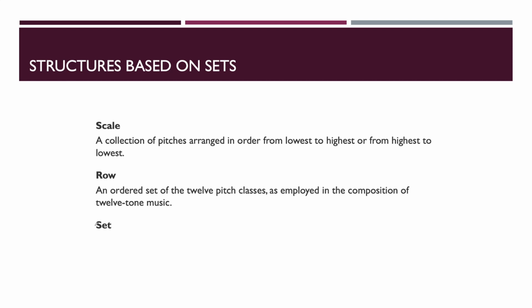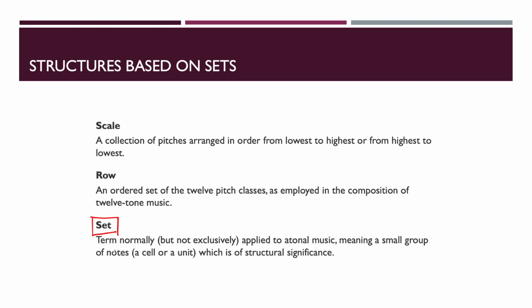So, finally, set, which is in direct connection with our topic. The term set is normally, but not exclusively, applied to atonal music. As you know, atonal means music which is not tonal, and which is also not dodecaphonic, that means not 12-tone music.